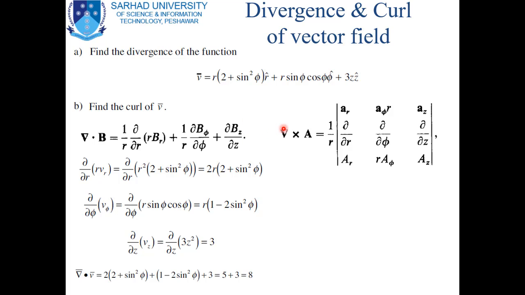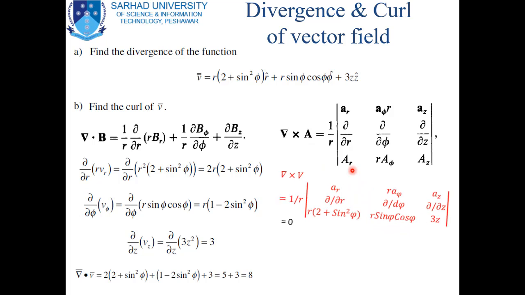And in the second part we have to calculate the curl of the vector v. In cylindrical coordinates the curl of any function a is given as 1/r, and then we have a 3×3 determinant. In the first row we write the base unit vectors of the cylindrical coordinates along with the metric coefficient, in the second row we write the differential operator of the cylindrical coordinates, and in the third row we write the components of vector a along with the metric coefficient.